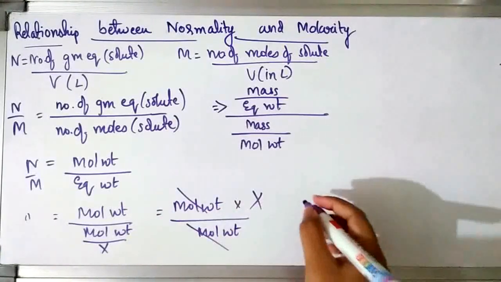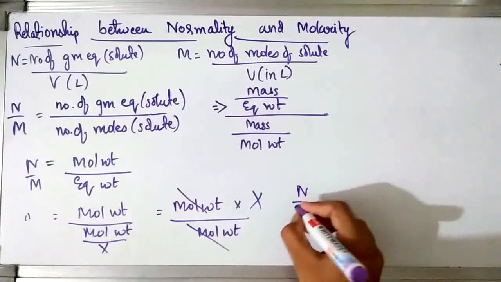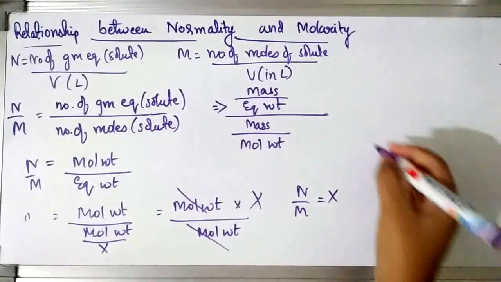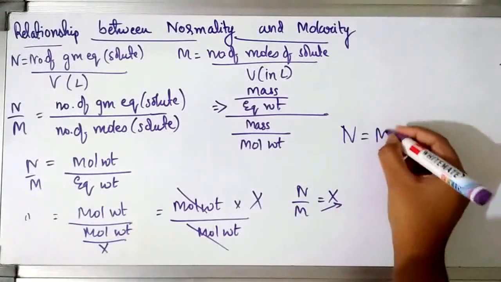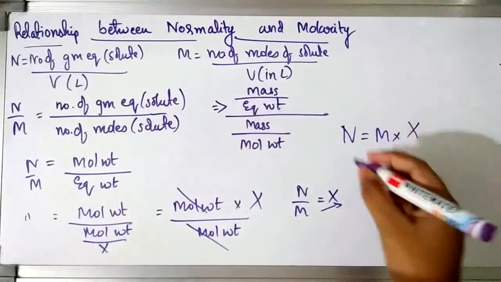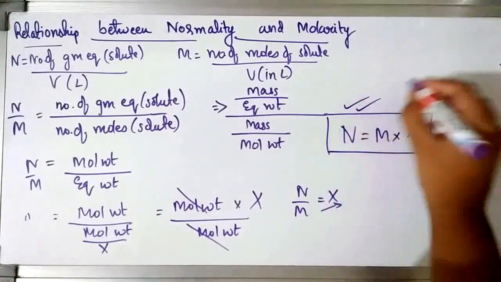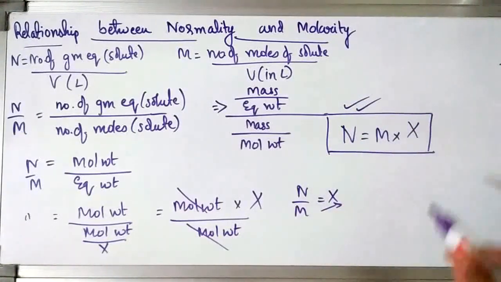Both these molecular weights get cancelled, and what we finally get is N by M is equal to X, the valence factor, which means N is equal to M into X, or your valence factor. So we have found the relationship between N and M. Your normality is equal to your molarity into the valence factor.